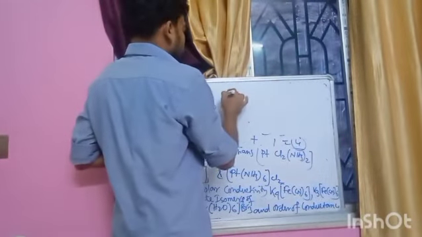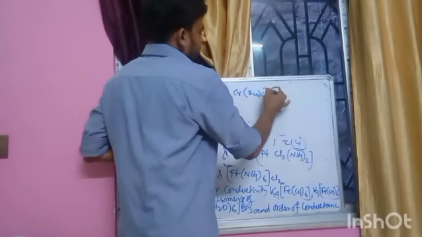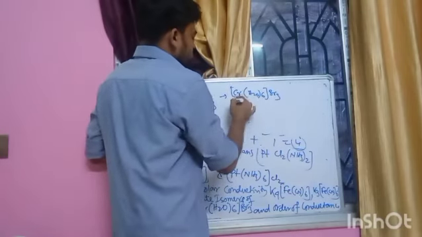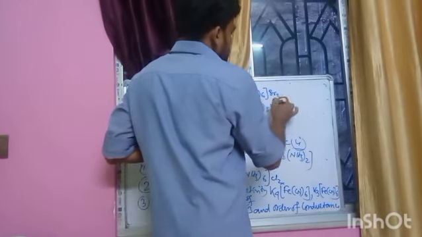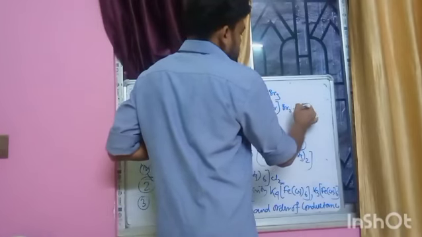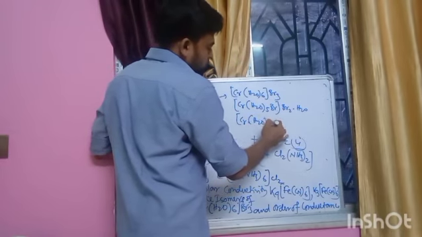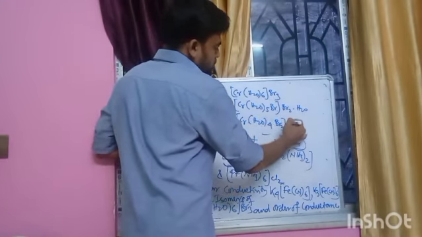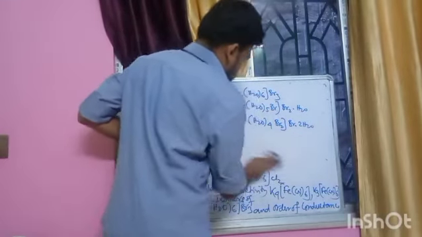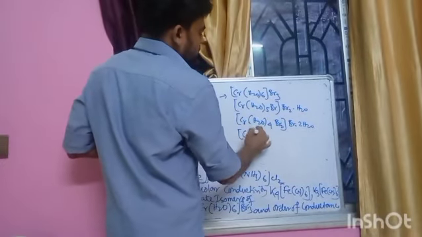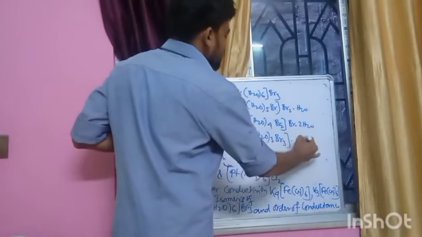One is [Cr(H2O)6]Br3. Another is [Cr(H2O)5Br]Br2.H2O, then [Cr(H2O)4Br2]Br.2H2O, and another is [Cr(H2O)3Br3].3H2O.